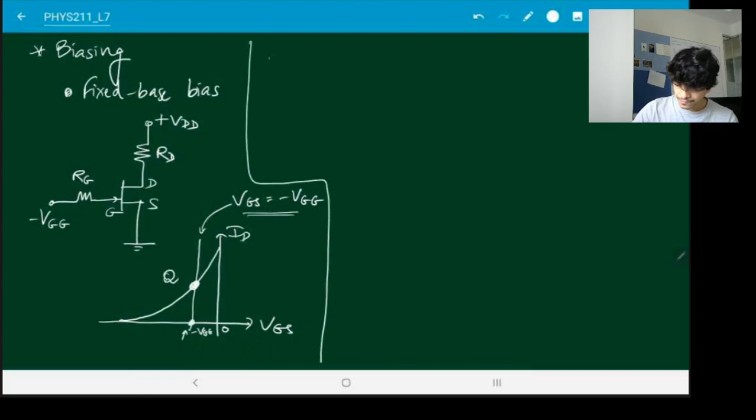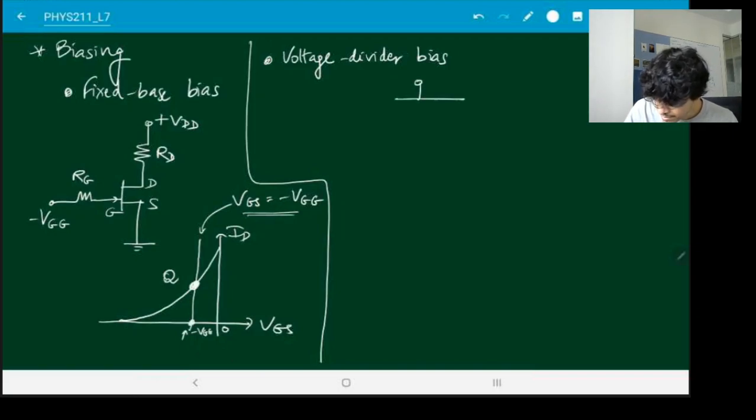You can also have the voltage divider bias. And this may be familiar to you now because you've seen it a few times. Just the names that are different.